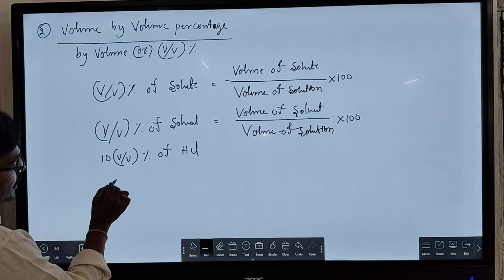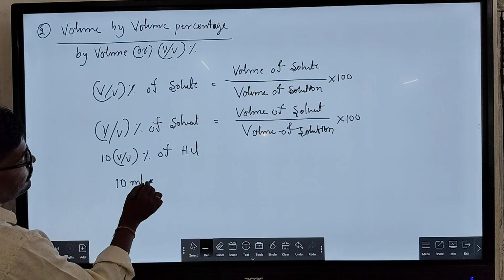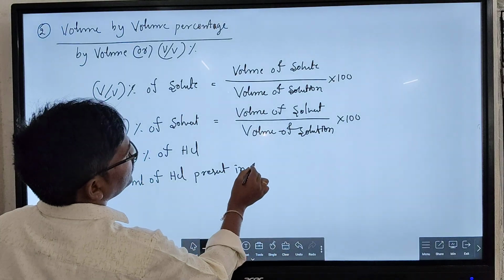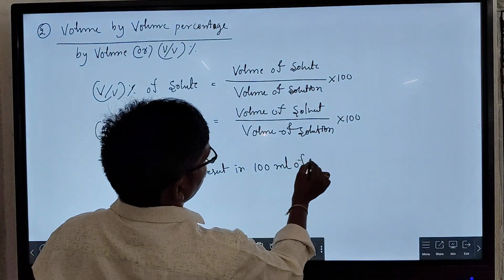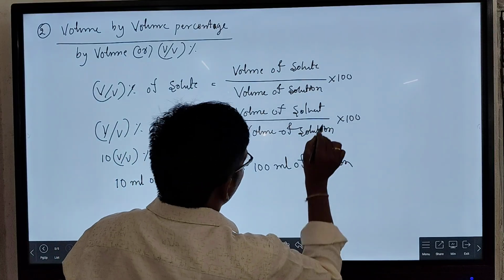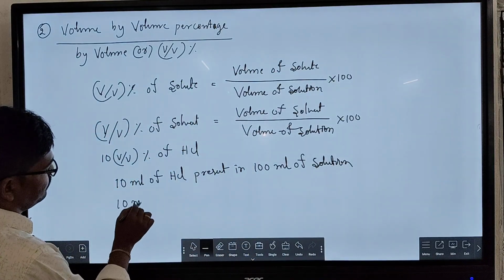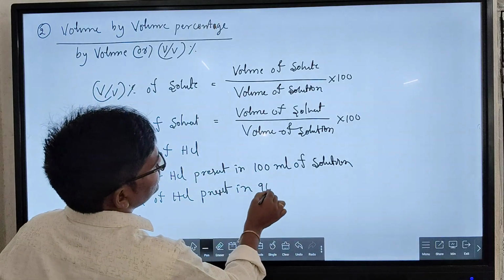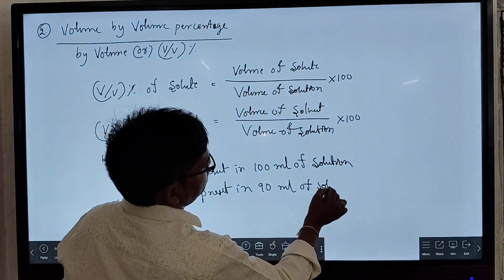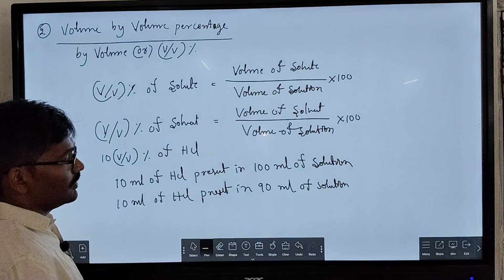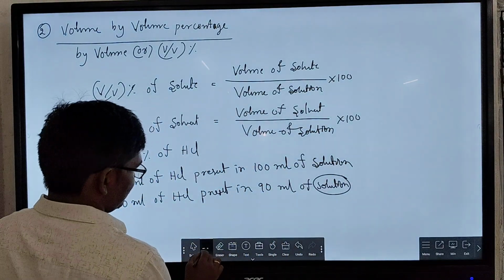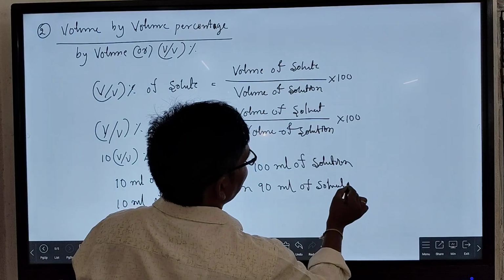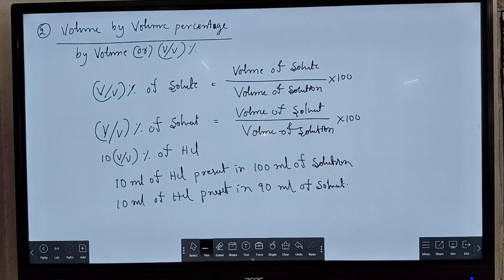At that time, we call it is 10 ml of HCl present in 100 ml of solution, or 10 ml of HCl present in 90 ml of solvent. Clear? Right. So this is volume by volume percentage.